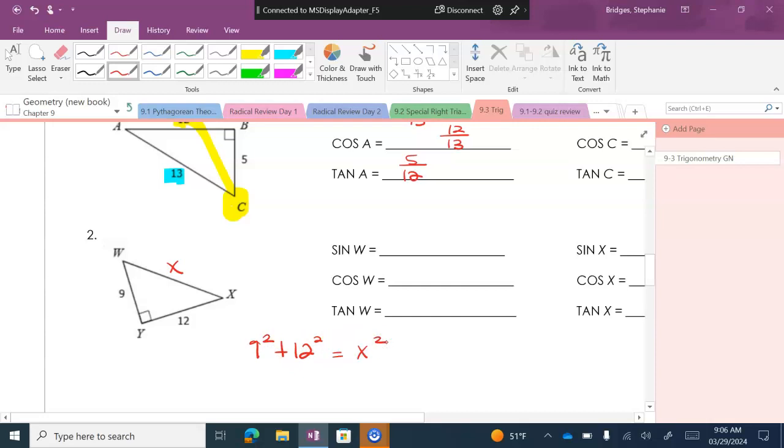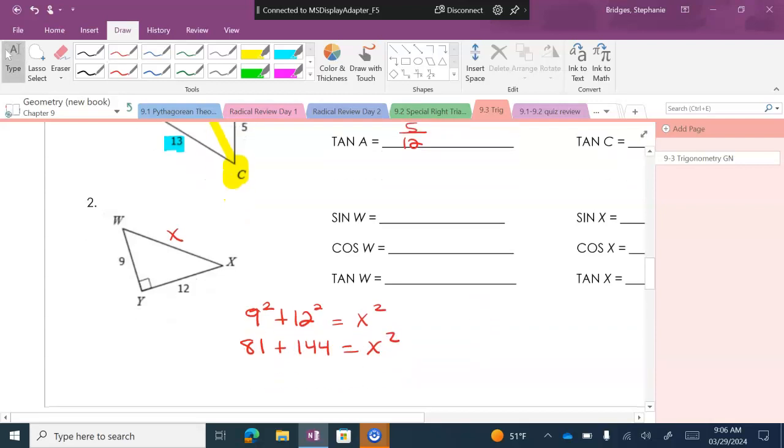the work since you don't have your calculators. Okay, you need to write the problem down so you know what we're doing. I don't have a 7 anywhere. That's a 9. All right, 9 squared is 81. 12 squared is 144.